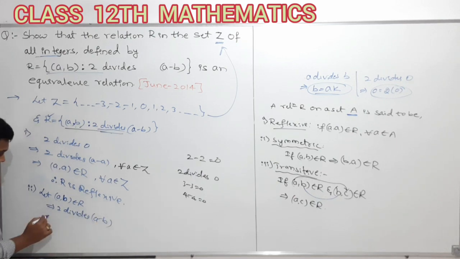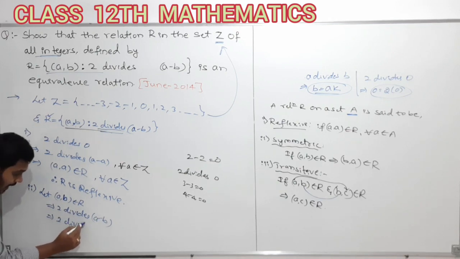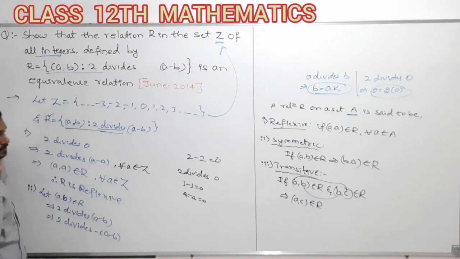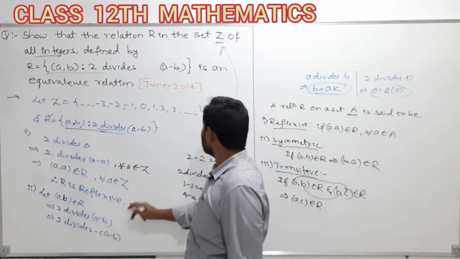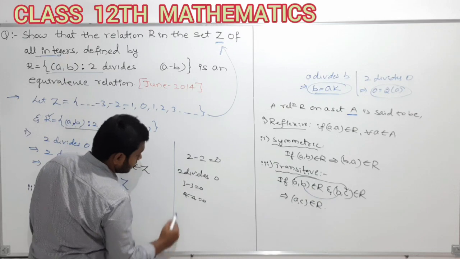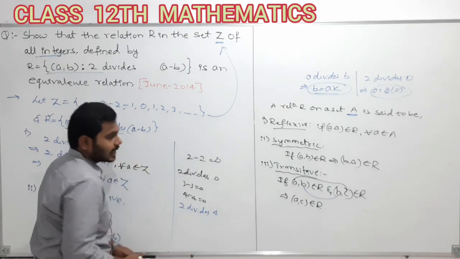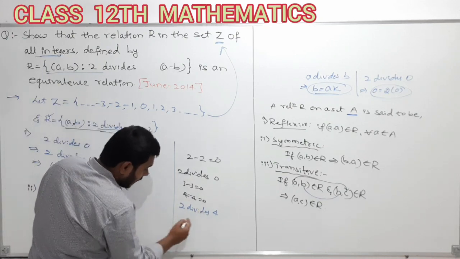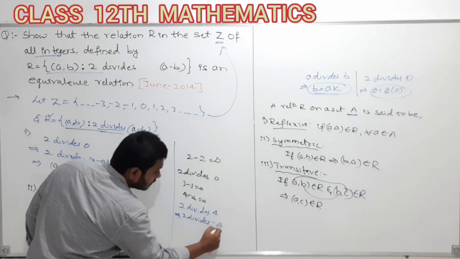If 2 divides A minus B, my dear students, this also implies that 2 divides minus of A minus B. Why is it so? Please remember, 2 divides 4, and this also implies that 2 divides minus 4.